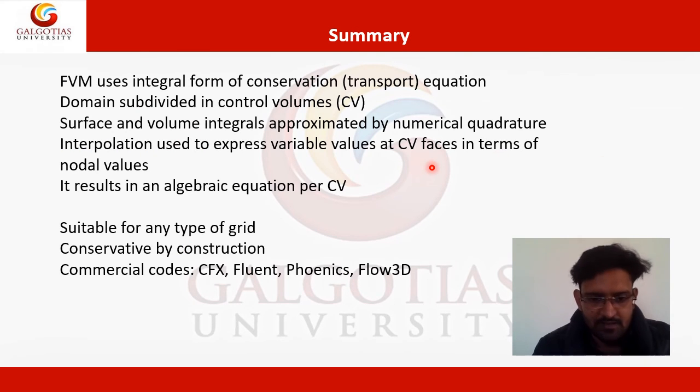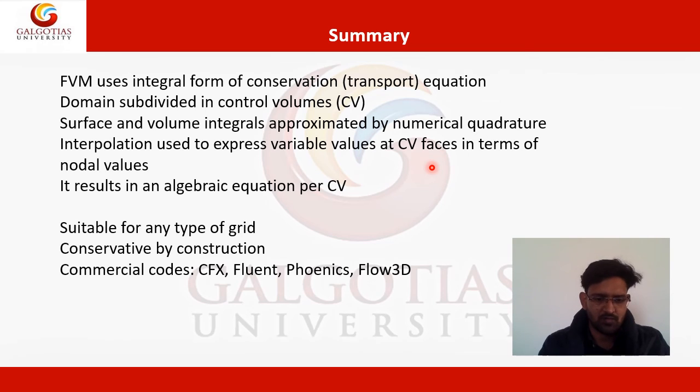Now let's summarize what we have studied in this lecture. The finite volume method uses the integral form of conservation equations. When we are applying the fundamental equations of fluid dynamics, either in heat flow or in fluid flow, we apply the integral form of the equation.